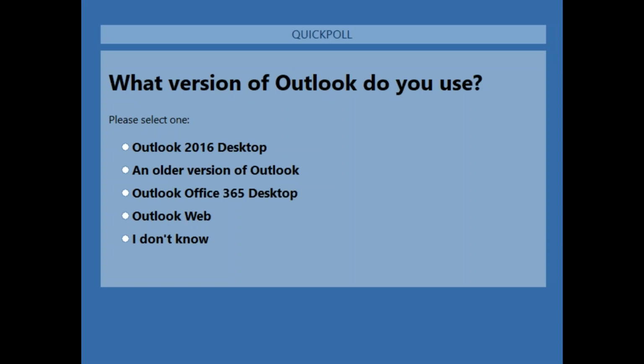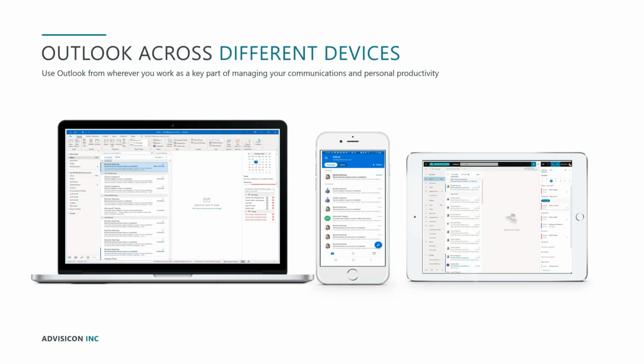So that's pretty good. I think that's in line with how folks are using it. I imagine folks in more of a corporate world might be seeing that their organization still hasn't upgraded to the latest version, but for the purposes of today, that's pretty good. Most of what we're going to see here should look fairly similar. There'll be a couple of features that won't necessarily show up in the older versions of Outlook, which I'll try to mention as we come across them.